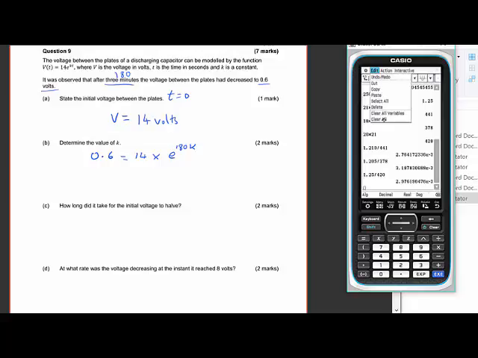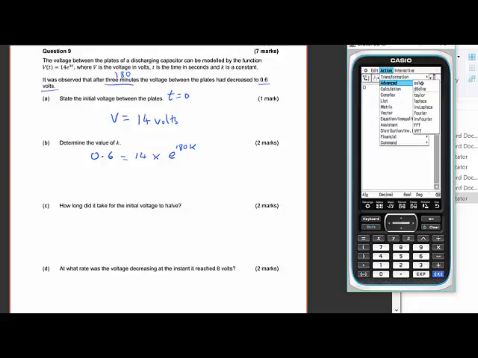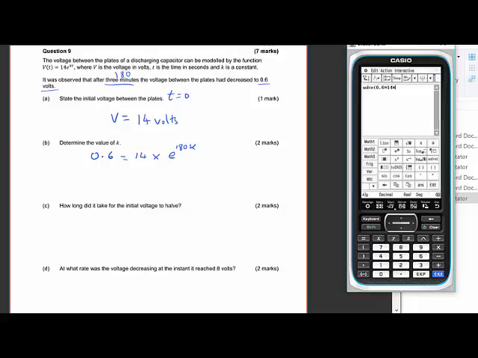So let's just clear everything that I've got here at the moment. So action, advanced, solve. 0.6 is equal to 14 multiplied by e to the 180x.